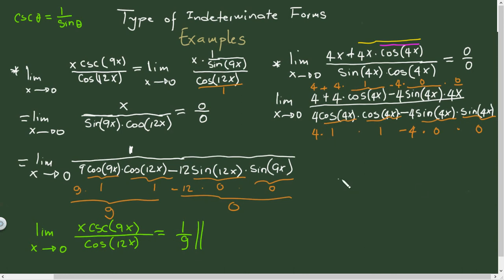Our whole result will be, oh, we don't need the limit anymore. I'm always making this mistake. I'm sorry about that. So we have at the numerator 4 plus 4 over 4 at the denominator.